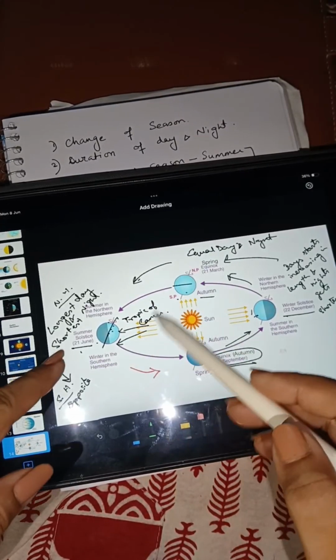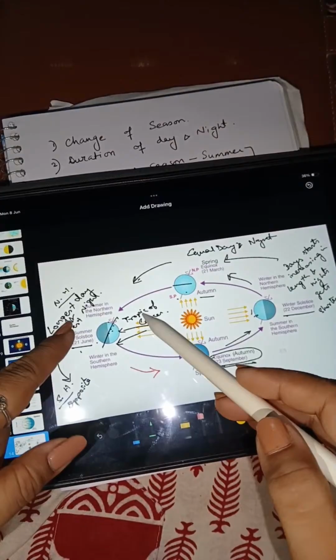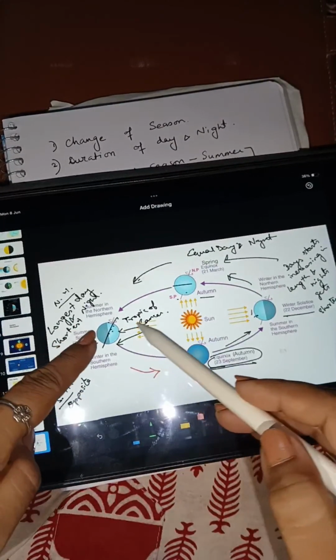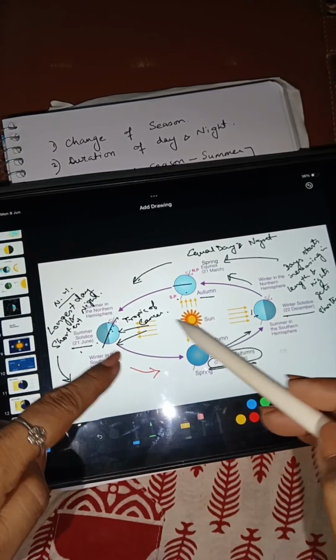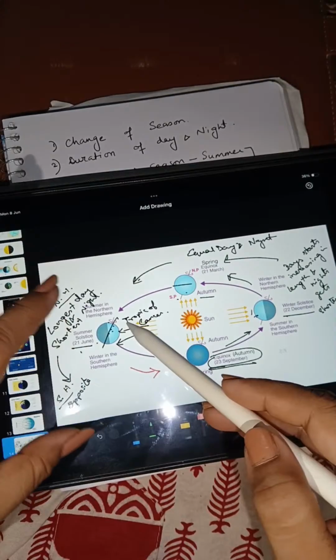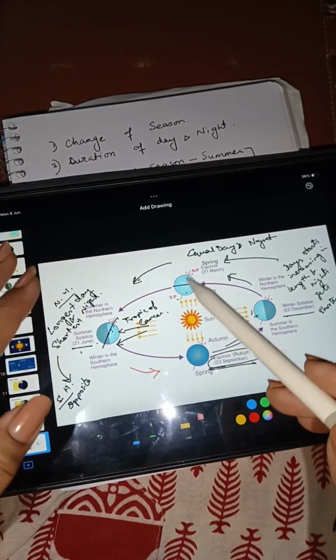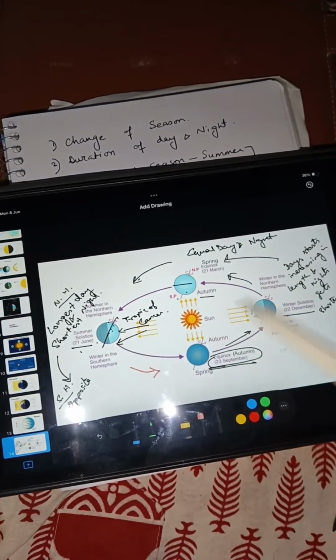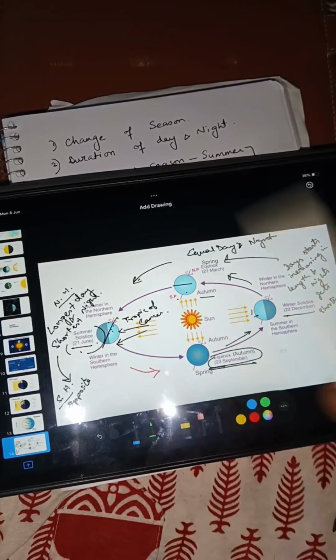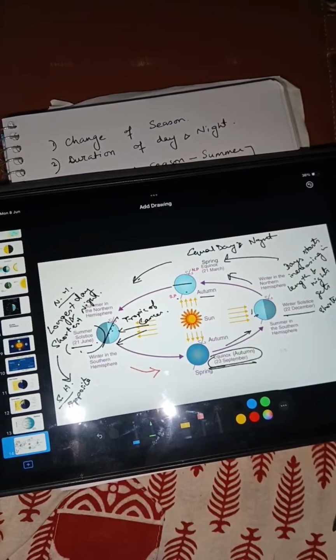Slowly the northern hemisphere is again tilted towards the sun. As days get longer and it is tilted towards the sun, we get summer till 21st June, where again we get summer solstice and the longest day.